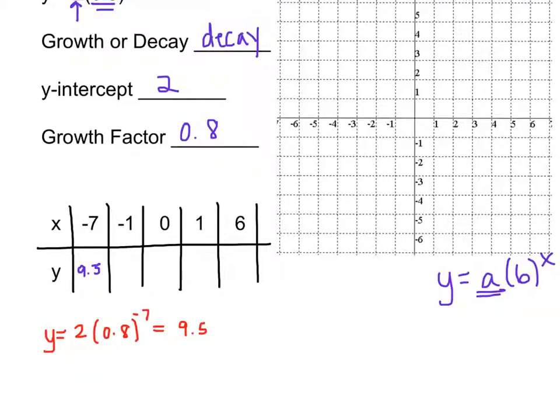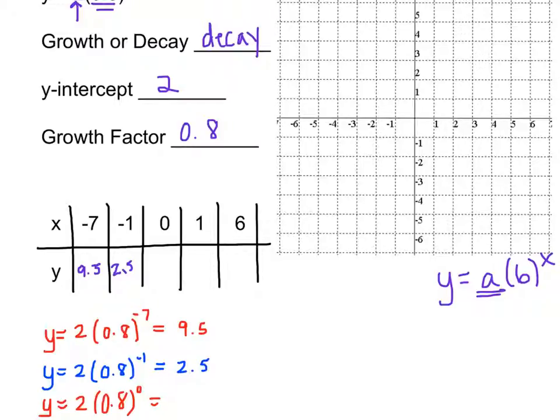All right, then a negative 1. So y equals 2 times 0.8 to the negative 1. We type that in, we get a 2.5. So I'll put 2.5 in our table. We have y equals 2 times 0.8 to the 0 power, which we talked about above. That's going to be your y-intercept, and we do get back a 2 on that one.